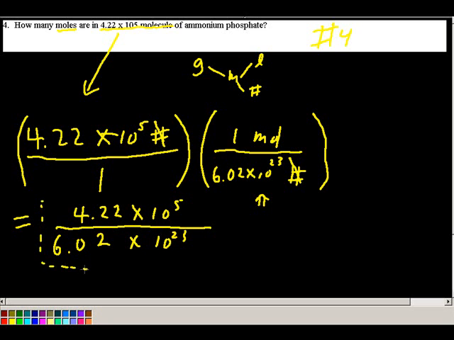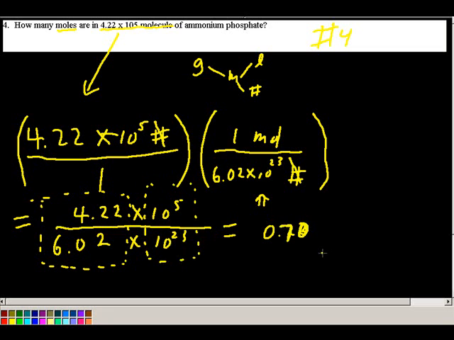Now, when we do that, we take 4.22 divided by 6.02, and that's going to give you 0.70.